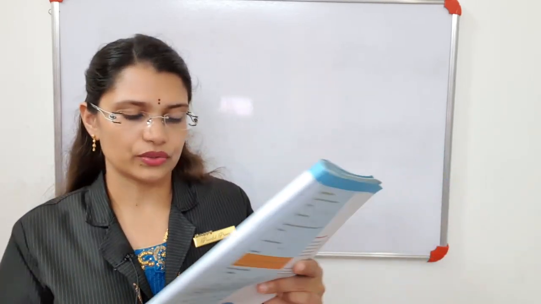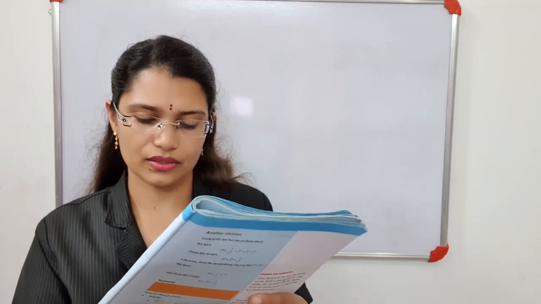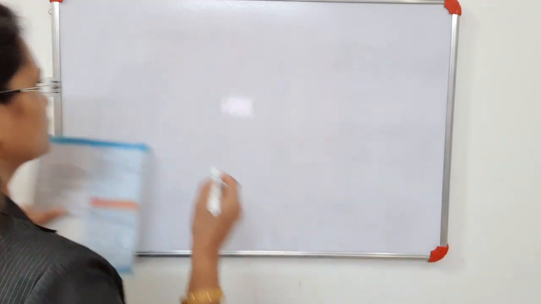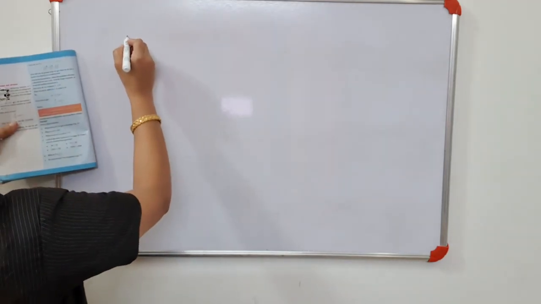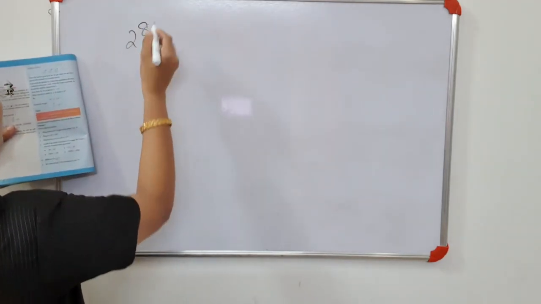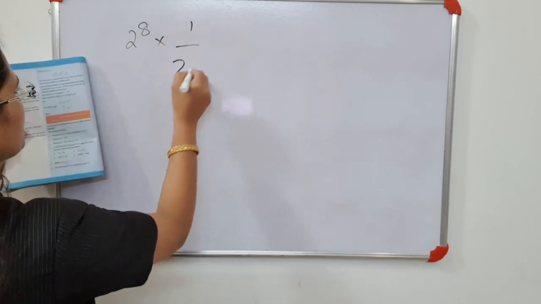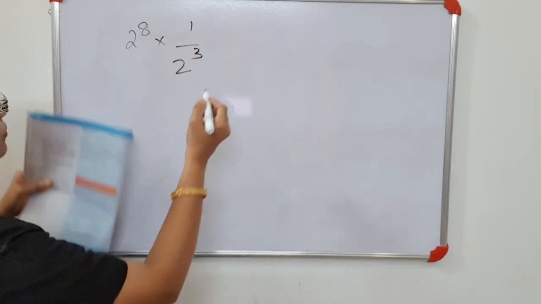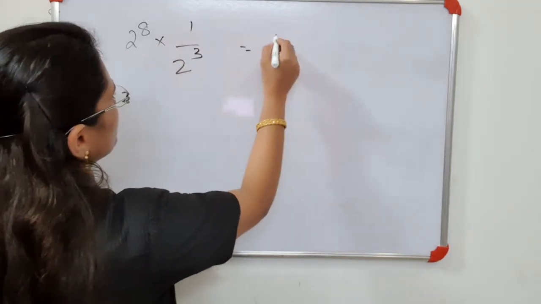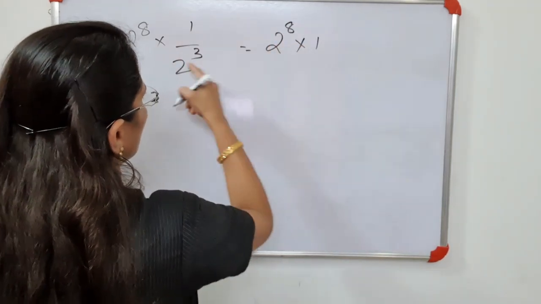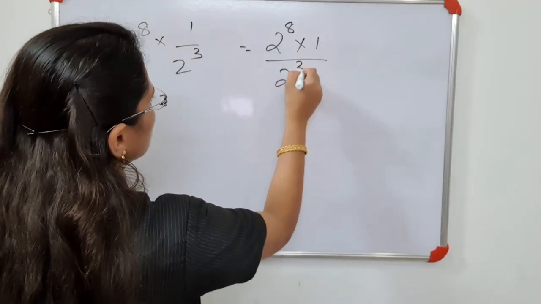Then next question is, what is 2 raised to 8 into 1 by 2 raised to 3? 2 raised to 8 into 1 by 2 cube is equal to 2 raised to 8 into 1 divided by 2 cube. This is the meaning.